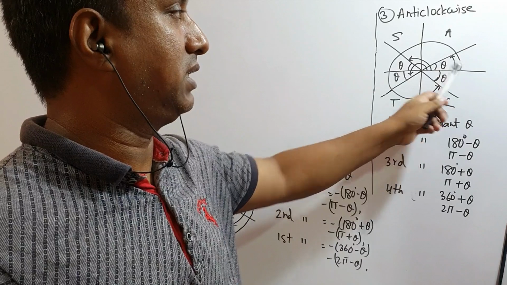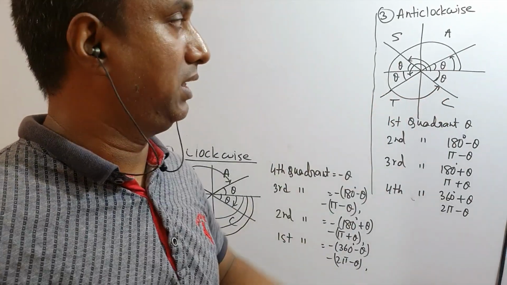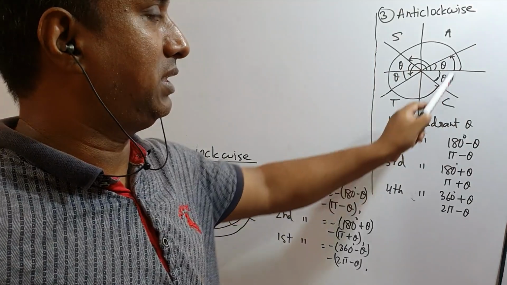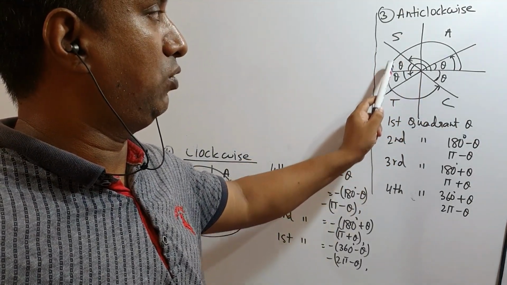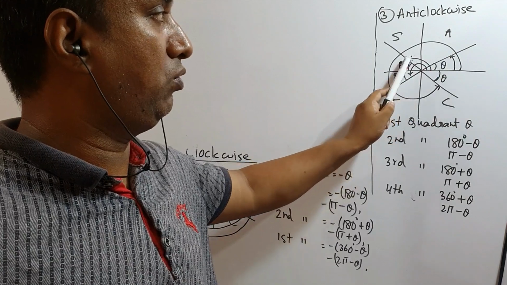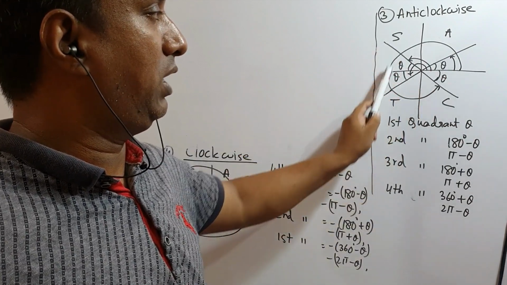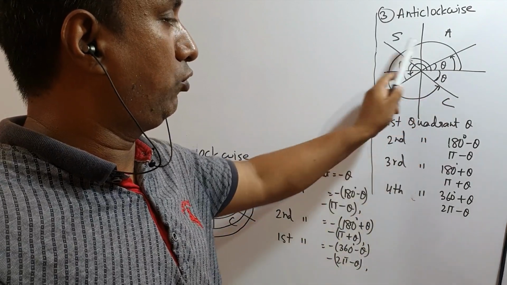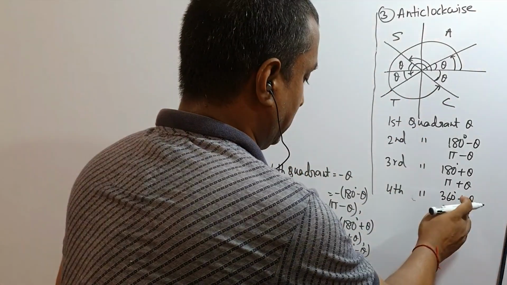Place theta with the x-axis and go in the anti-clockwise sense. First quadrant is theta, second quadrant, up to 180, is 180 minus theta, third quadrant is 180 plus theta, and fourth quadrant is 360 minus theta.